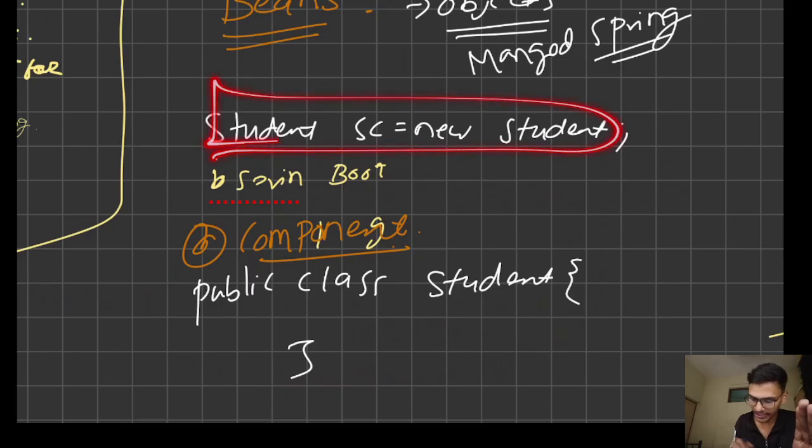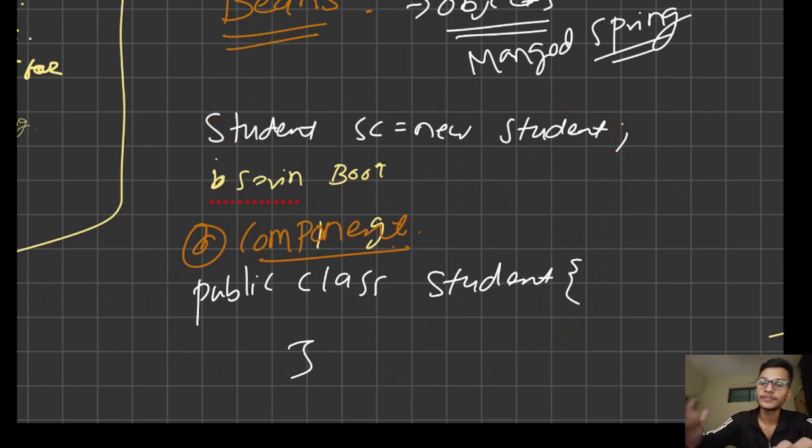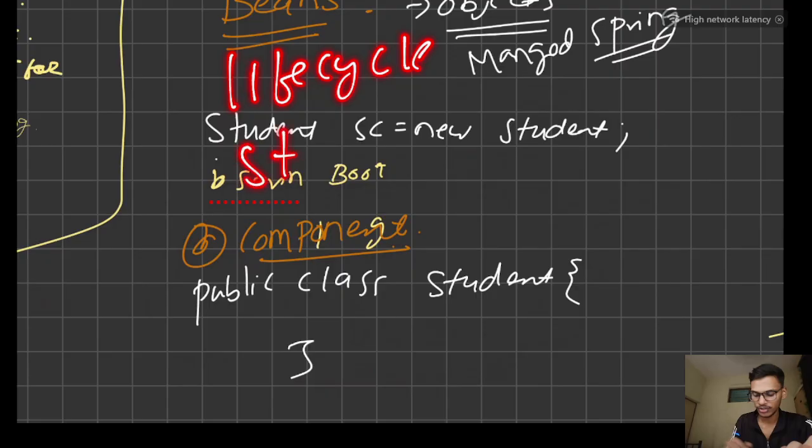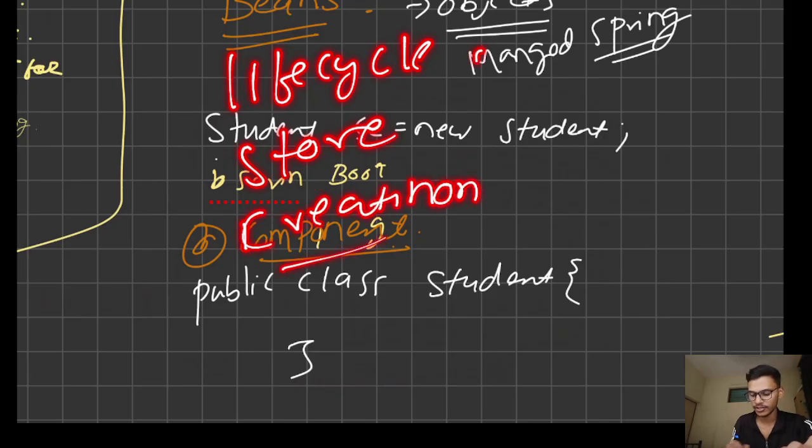Spring will also store it and manage the life cycle of the objects. Maintaining the life cycle, storage of the objects, and creation is all managed by Spring, and such objects are called beans.